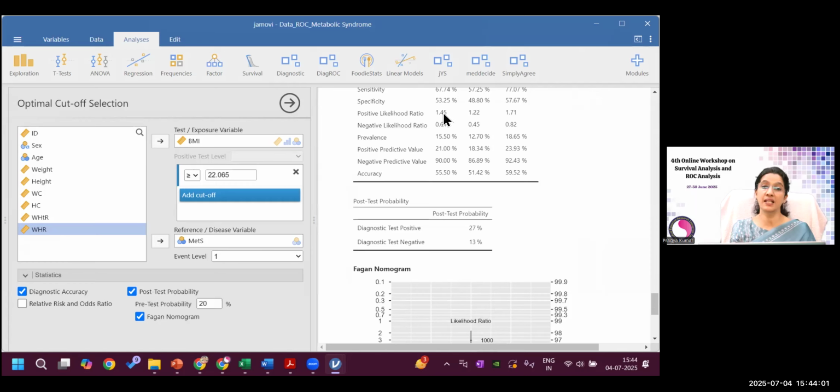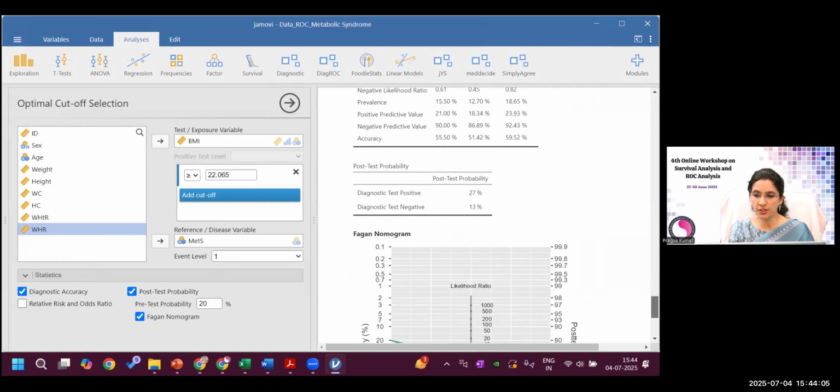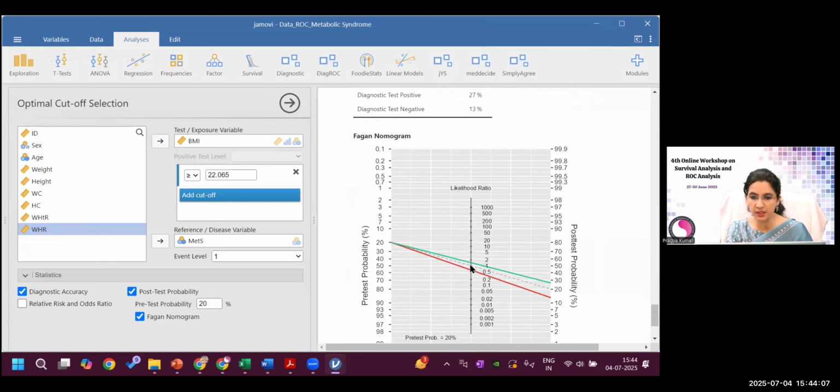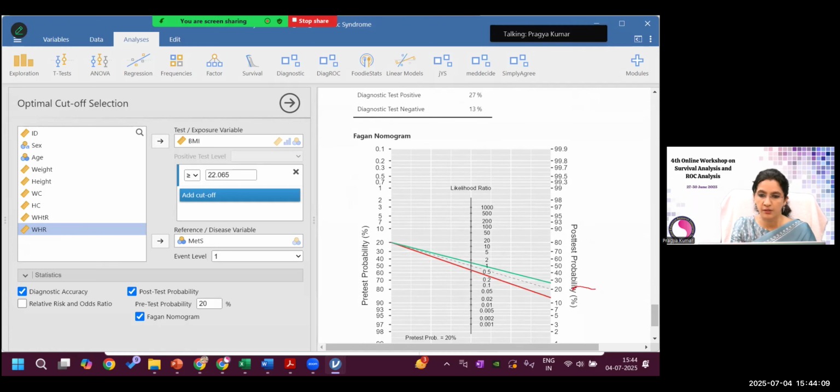Ideally, we discussed that it is good only if it is more than 10. But just for demonstration, 1.45 comes here, this green one. So this is your 1.45. It connects the line of this pre-test probability and likelihood ratio positive, and then it extends to this line. And this is your post-test probability. So the post-test probability is 27%. What is the meaning of 27%?